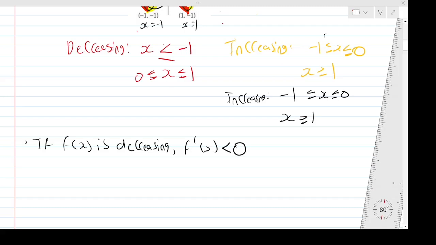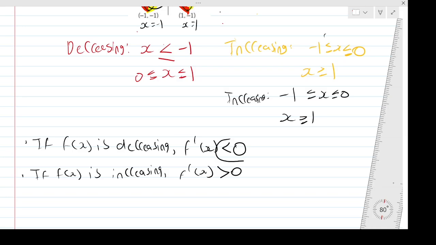Okay, so it'd be a negative gradient, and we can write it like this. Similarly, if f of x is increasing, f dash of x is greater than 0 there.